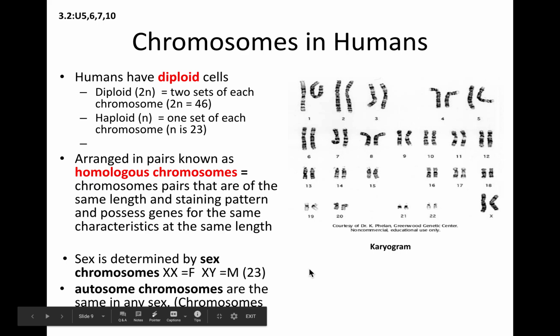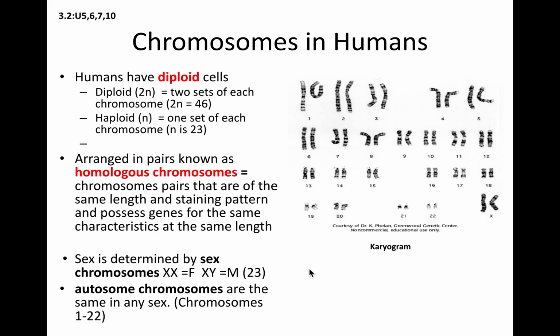We also refer to chromosomes as being called homologous chromosomes. Homo means the same, so we match them up in groups, meaning that they carry the same genes on them. So both these chromosomes, don't worry about the structure or the shape, have the same genes on them, right?